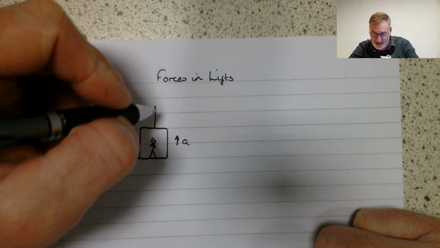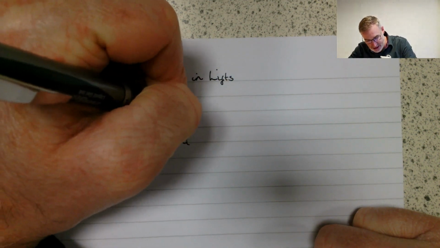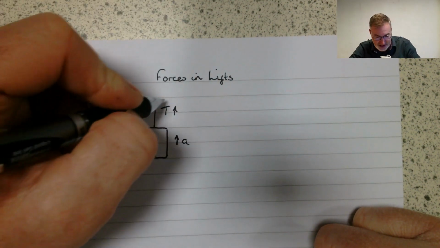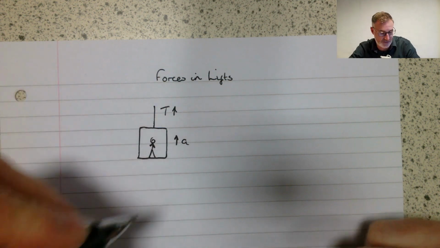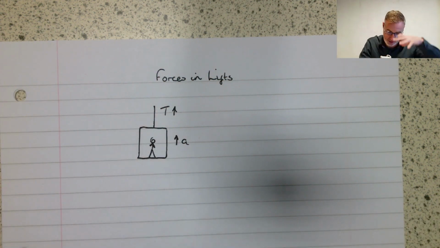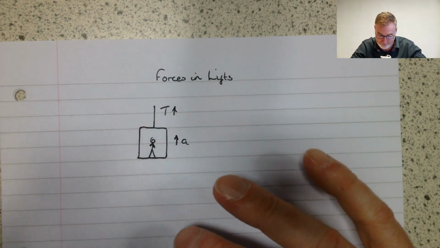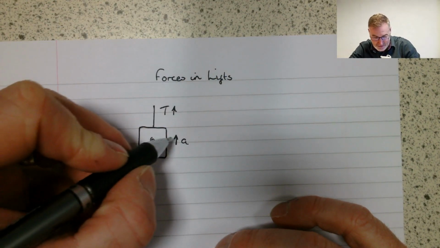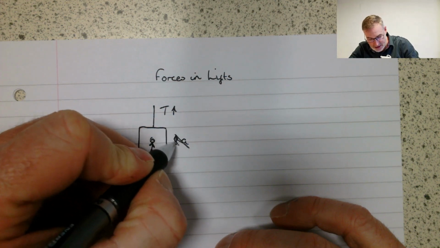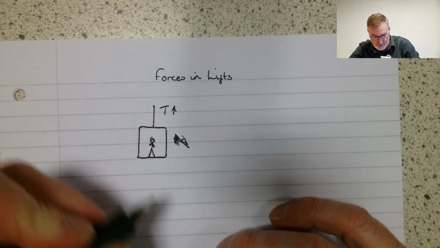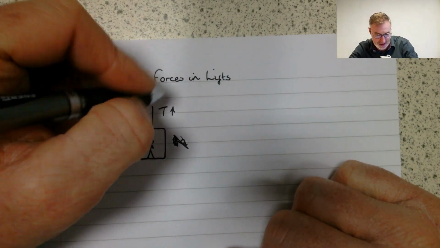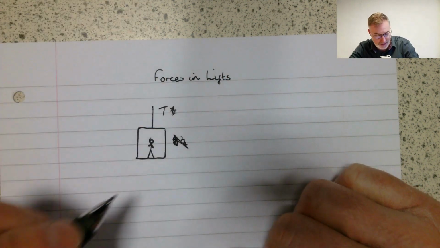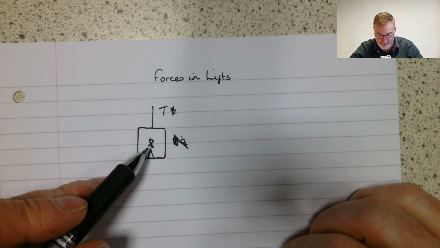If you feel heavier, the tension is bigger. So the tension of the lift goes up from what it was before, when it was just holding the lift dangling in free space. As the lift reaches its constant velocity, the acceleration goes away, you feel normal again, and the tension just goes back to the normal pre-movement state.